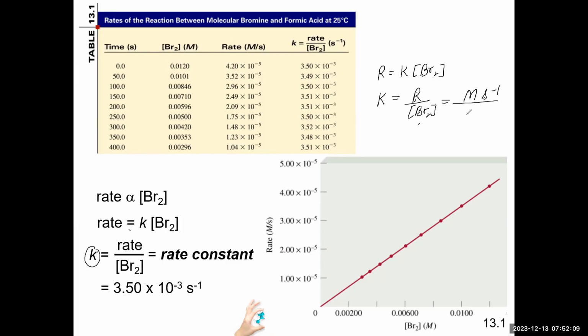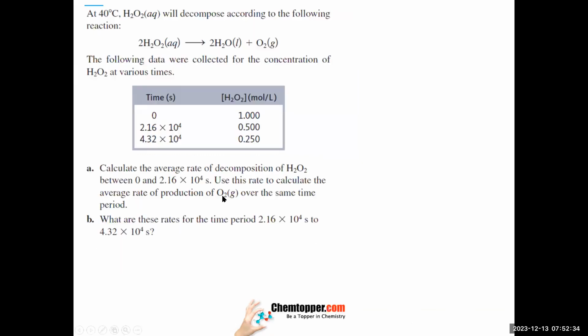What's the unit of concentration? Molar. Molar cancelled. It is per second. Right, Lisa? The rate constant has this unit here, but it will show you different units in different orders. So it will come up again. Let's move out of this slide. This slide is just telling you the meaning of the rate law.